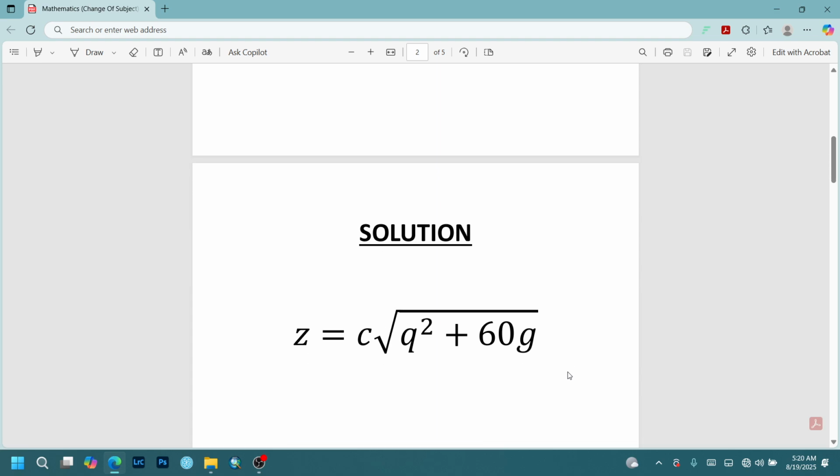Based upon the preamble of our question, we were given z to be equal to c multiplying the root square of k square plus 60j, right?